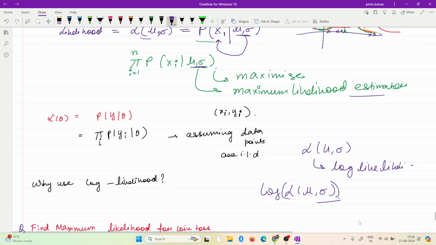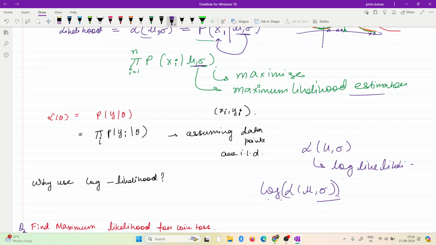You know that log is an increasing function, so maximizing L is the same as maximizing log of something. If you maximize x squared or log of x squared, it is the same thing because log is a monotonic, increasing function. So many people will replace likelihood by log likelihood.